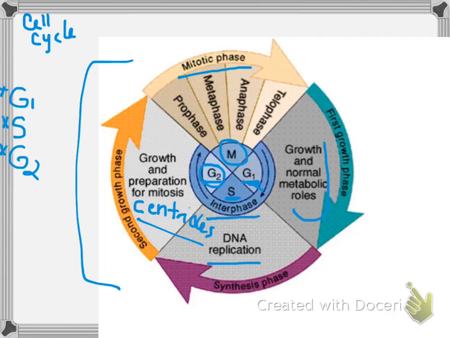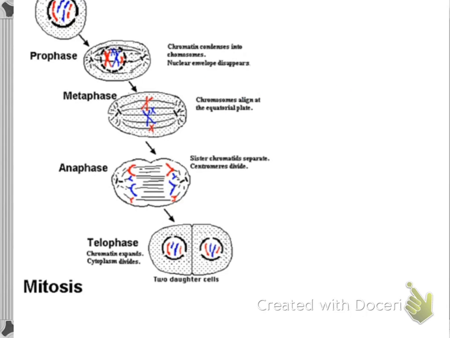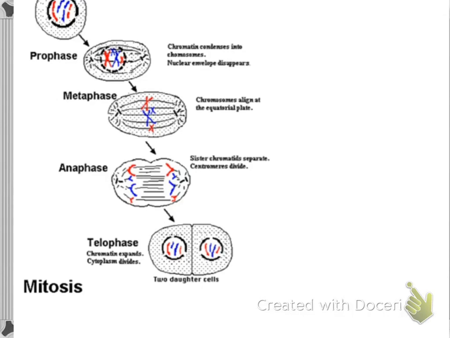And then G2 is a final growth phase. It's a prep phase getting ready for mitosis, or the M phase. And in G2, that is where these centrioles are going to replicate. Now we're going to look at mitosis, or the M phase.